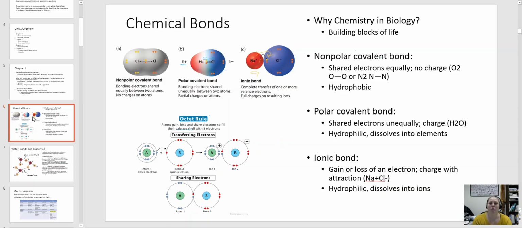The water is going to surround those particularly charged particles, and they are going to then be broken apart. They are not sharing electrons, and so they are not going to try to share electrons with anything else. They are literally split apart, like if you were to take apart two different magnets.